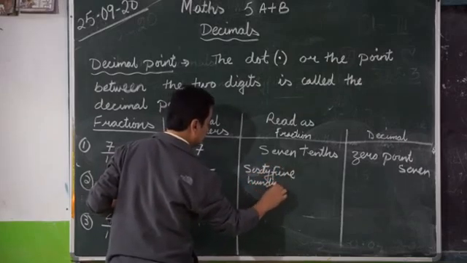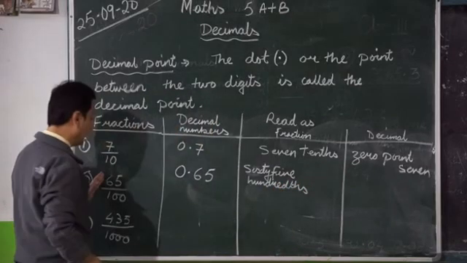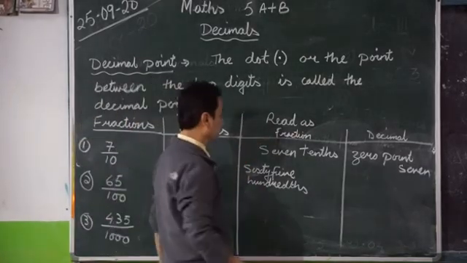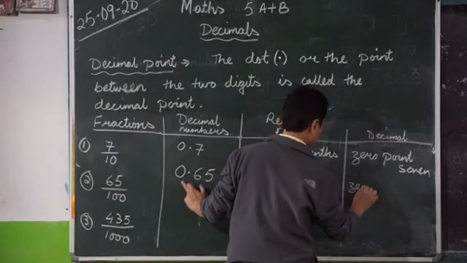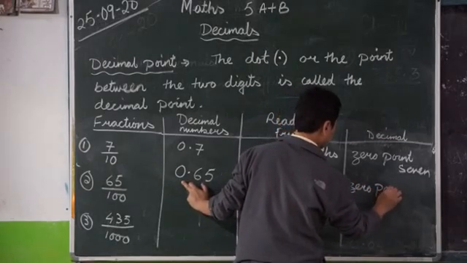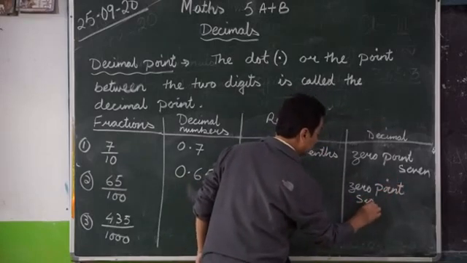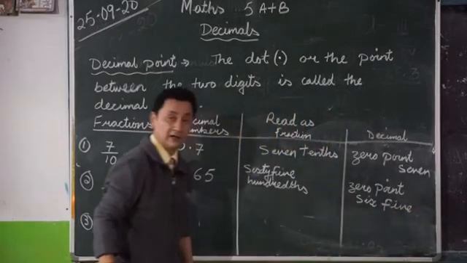I don't have space there, so I'm writing it below. So we write 65 hundredths, and in decimal we read it as 0.65. Okay, I hope you are understanding.